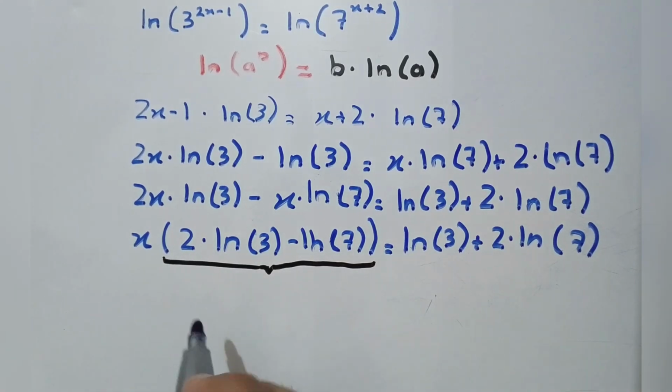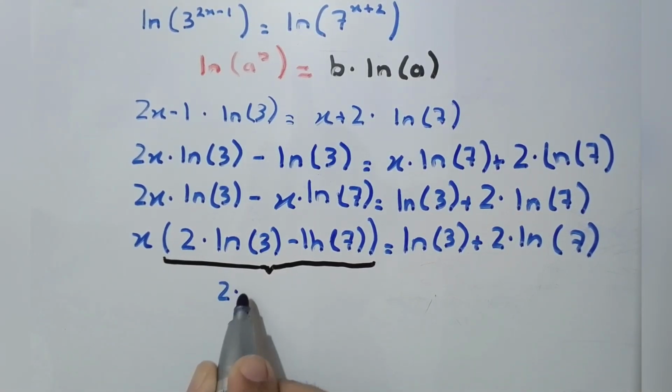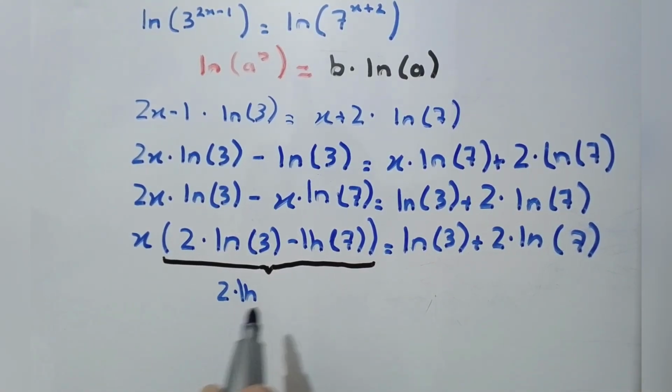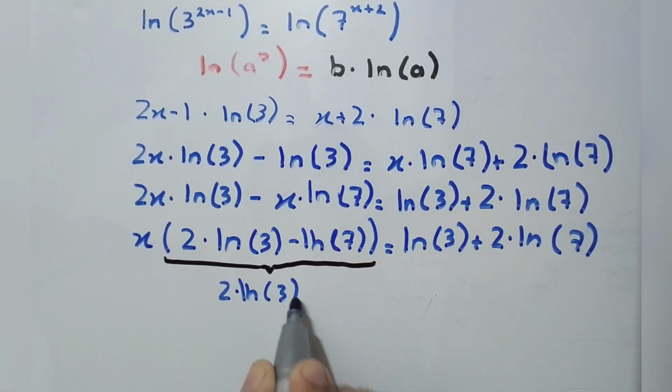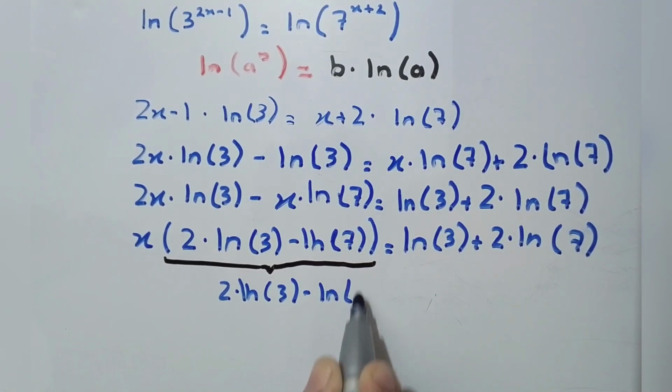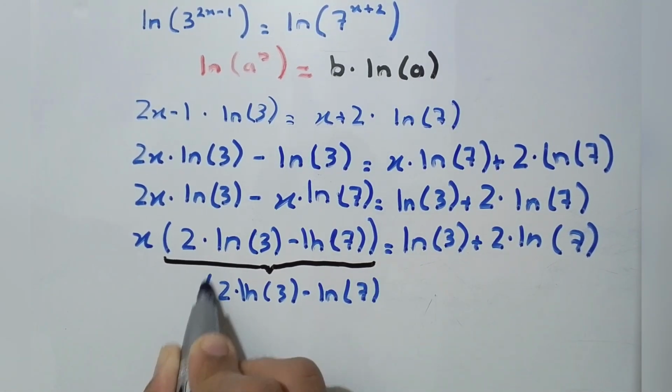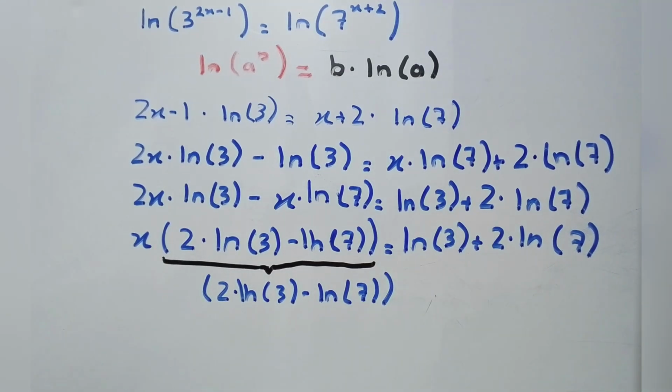So now 2 multiplied by ln 3 minus ln of 7, I would now divide both sides.